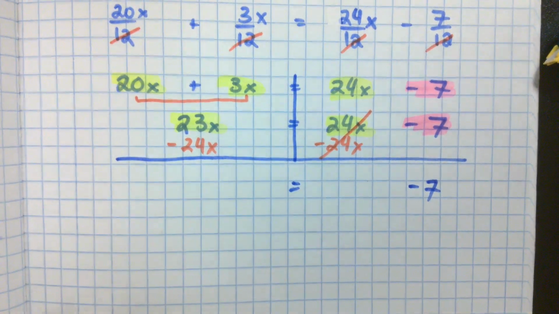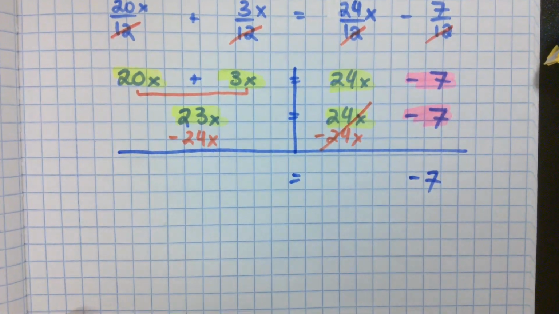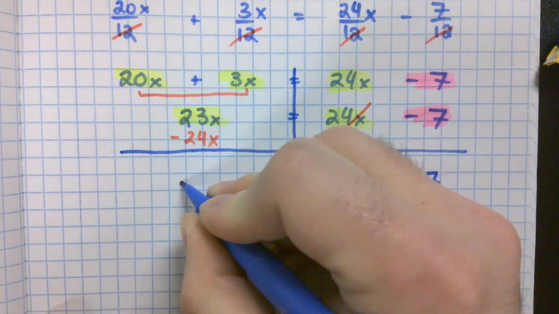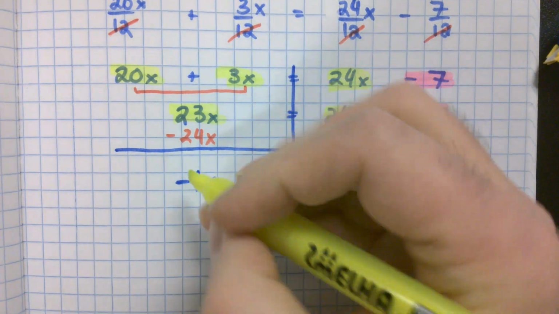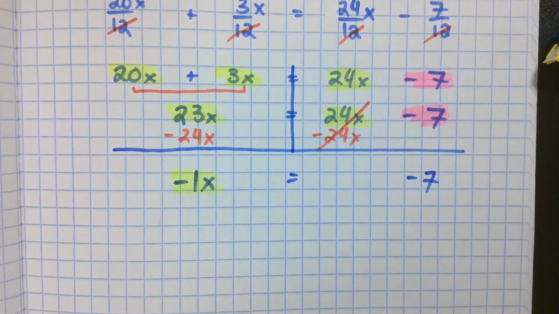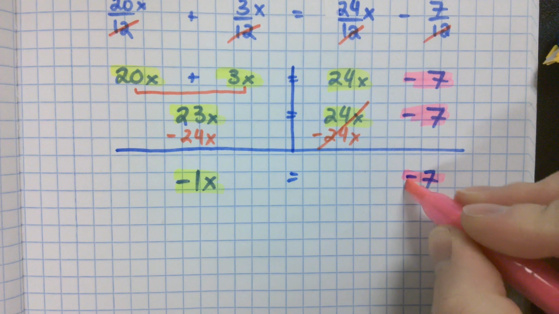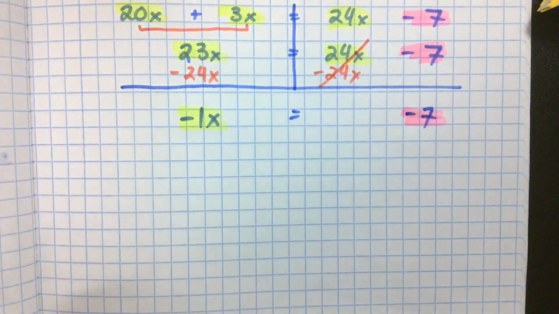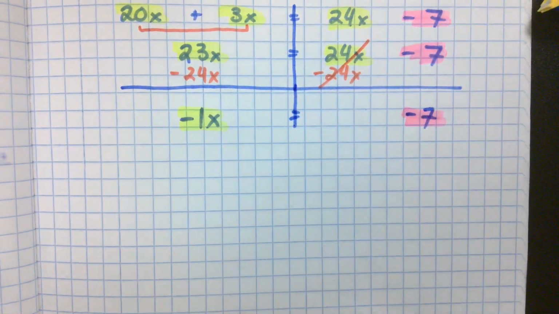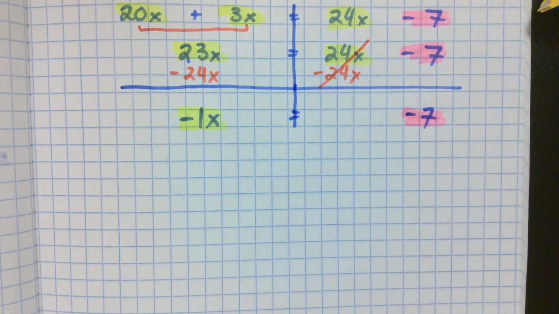And what's 23x minus 24x? Negative 1x. Now I've got one single variable term on the left, one single constant term on the right. Once we see that, it's time to divide every time. Unless our x is already by itself.